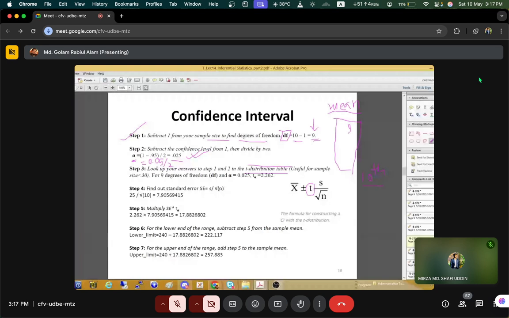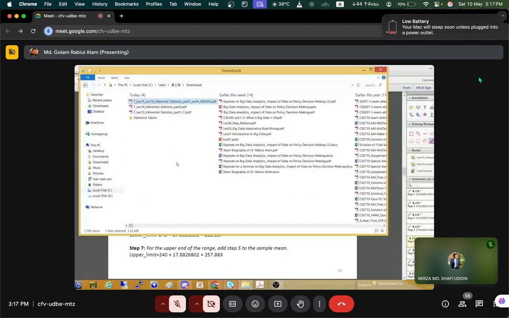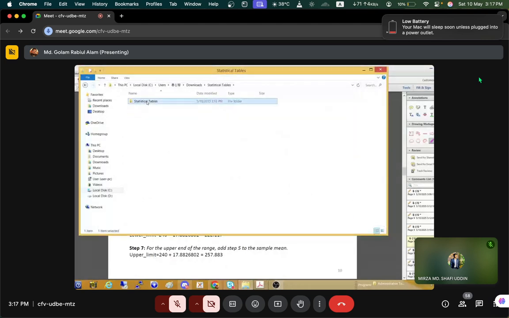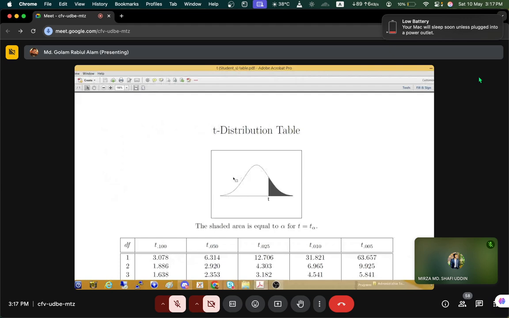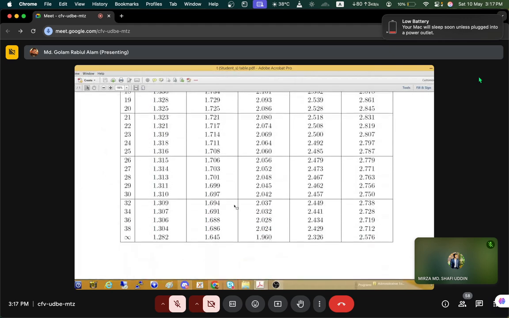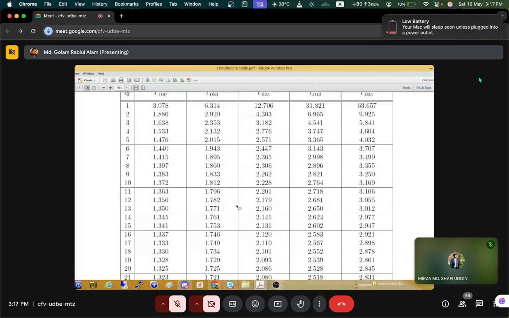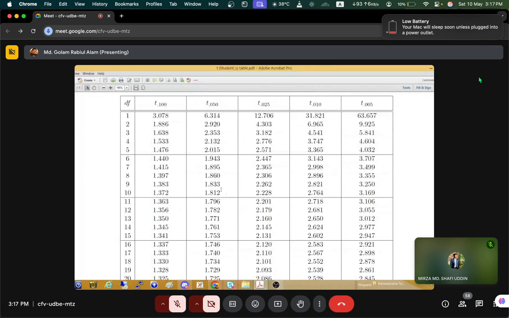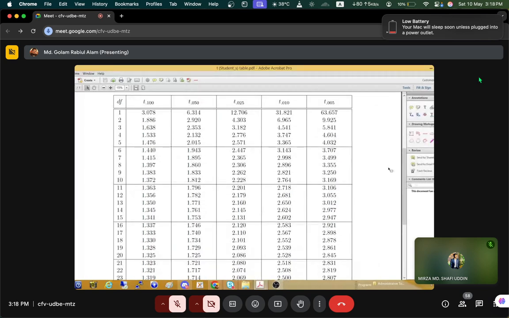And for that, what we need is the degree of freedom. Looking at our statistical table, the T table, the degree of freedom in our case is 9.